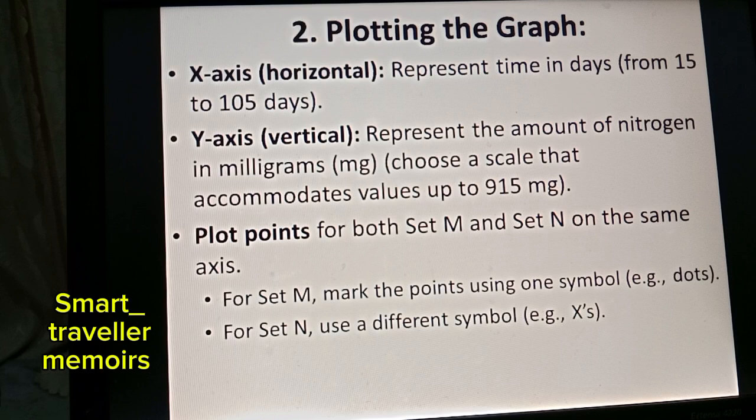Plot points for both set M and set N on the same axis. For set M, mark the points using one symbol, e.g. dots. For set N, use a different symbol, e.g. x. But as a mathematician, you are not going to use those dots.